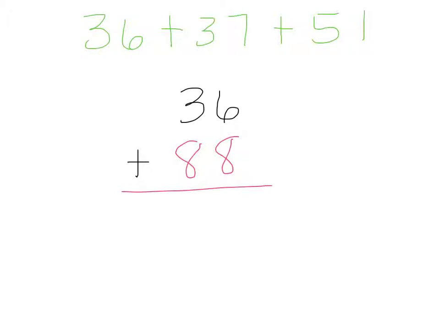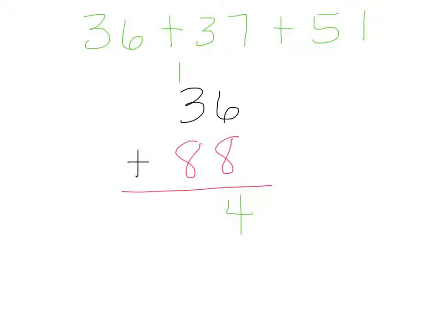Now here's the problem after I put together the 37 and the 51. So now I just have to add 36 and 88. Okay, so now I'm going to add my 6 plus 8. 6 plus 8 equals 14. So I'm going to put down my 4 and carry my 1.